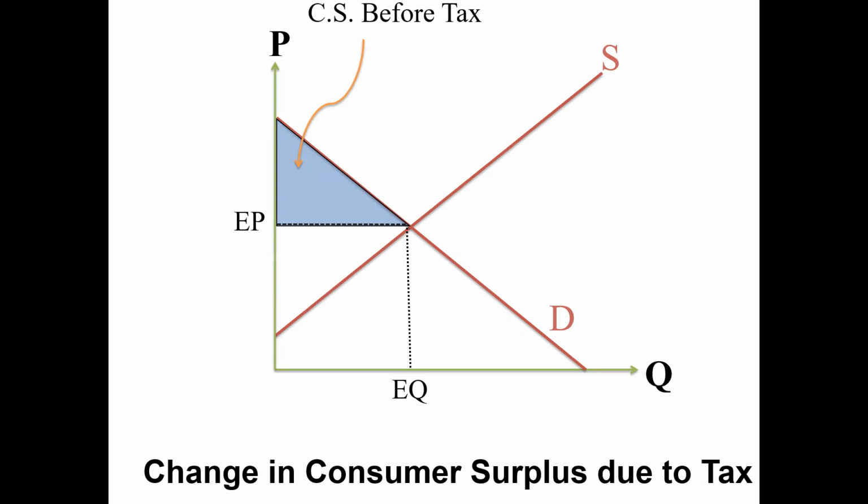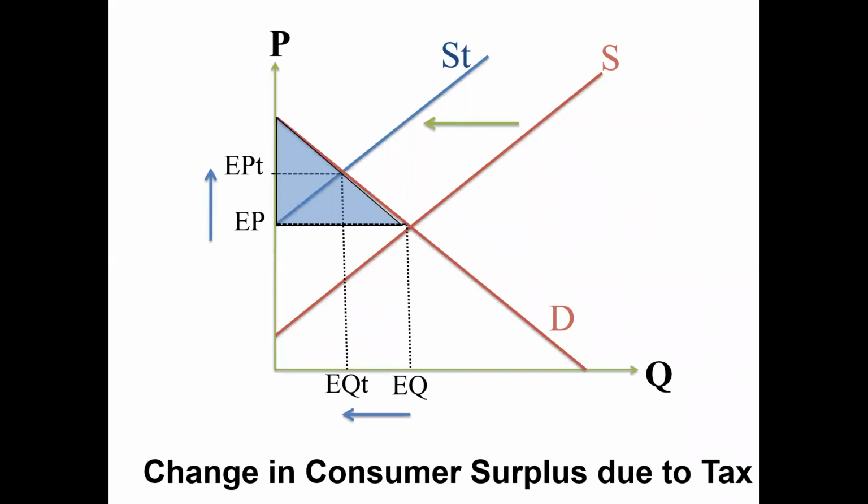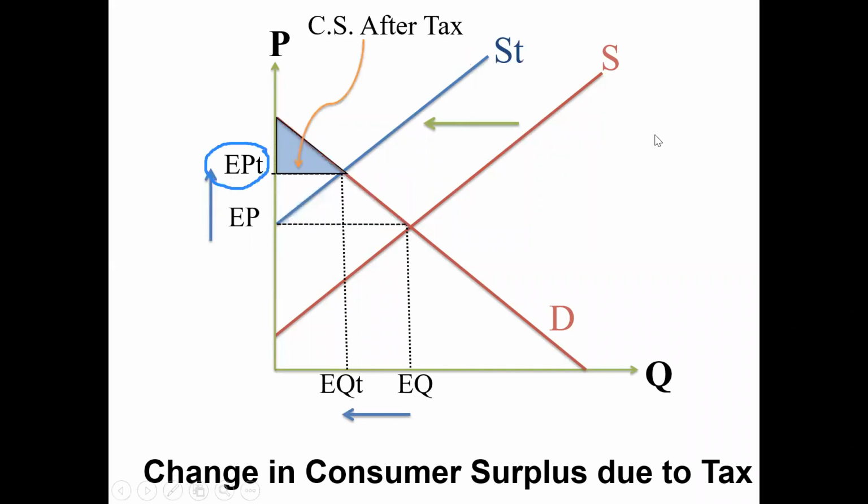Now the tax is charged by the government. As we got, supply decreases and price increases. Now the consumer has to pay EPT, which is a higher price. When the consumer pays the EPT price, consumer surplus is this.